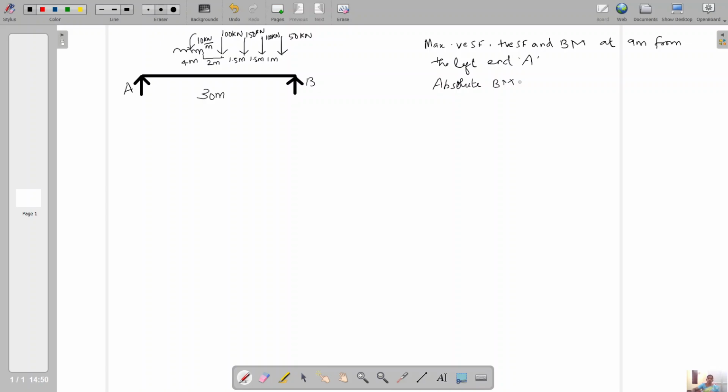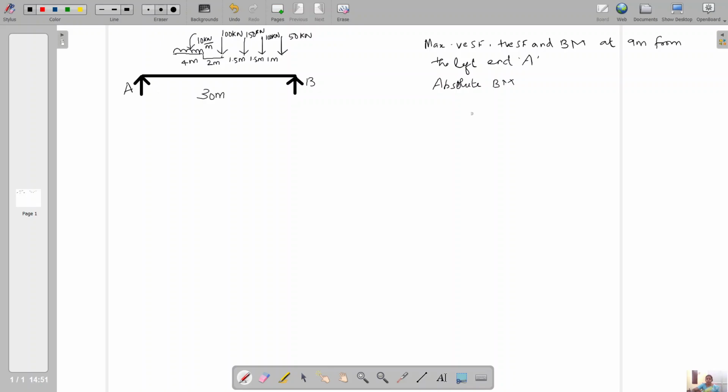So consider this load case. It comprises 4 point loads and one UDL continuously traveling with fixed distances. So keep in mind the distances are 1 meter, 1.5, 1.5, 2 and 4. You have to be familiar with these distances because then only you will be comfortable with solving further.